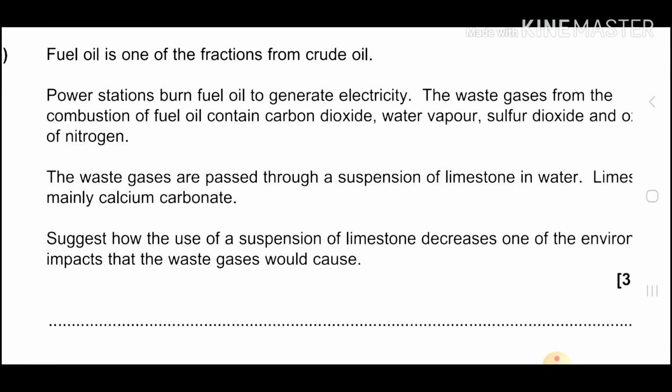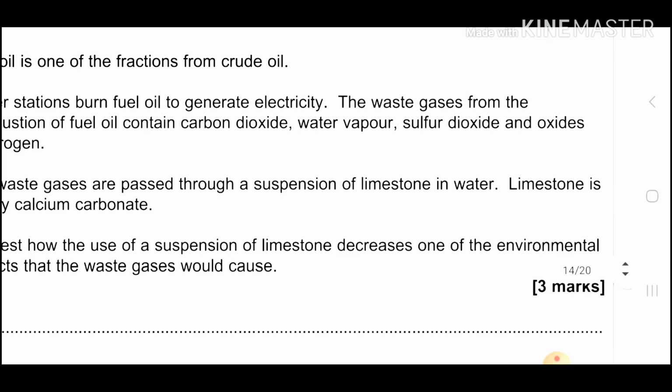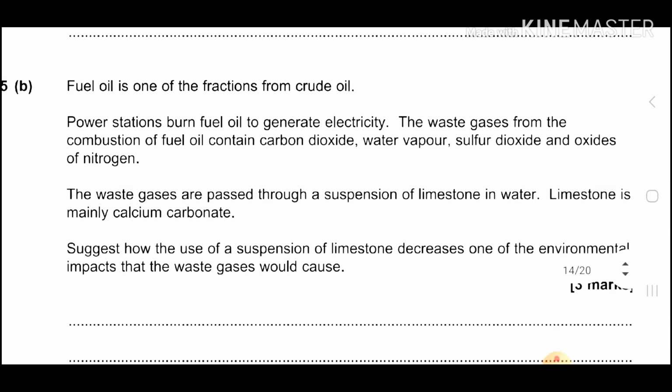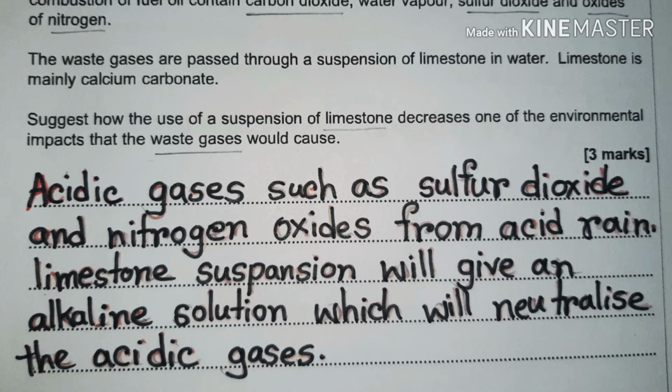Suggest how the use of a suspension of limestone decreases one of the environmental impacts that the waste gases would cause. So we can write here: acidic gases such as sulfur dioxide and nitrogen oxide form acid rain, right? So limestone suspension will give an alkaline solution which will neutralize the acidic gases.